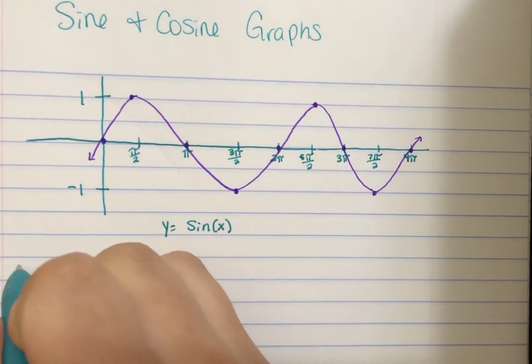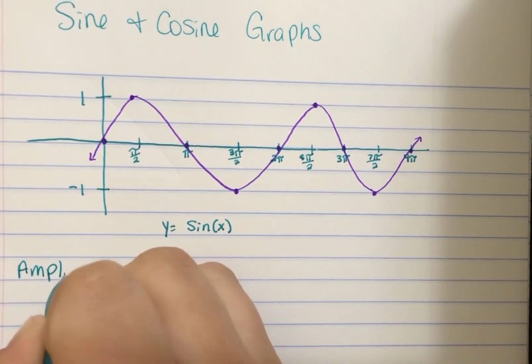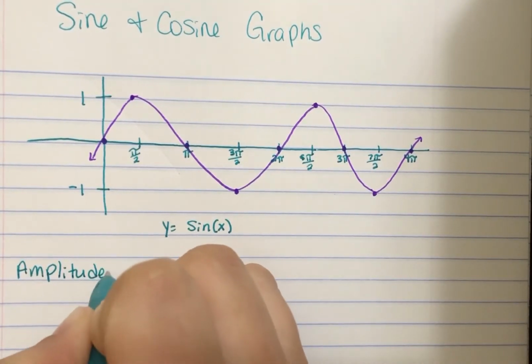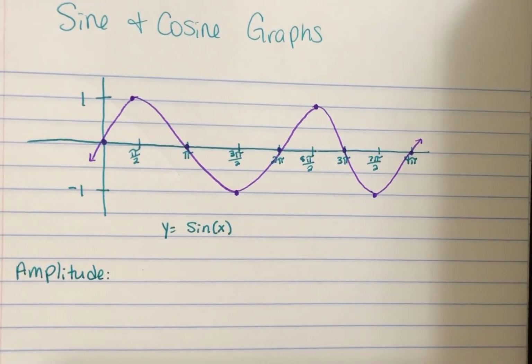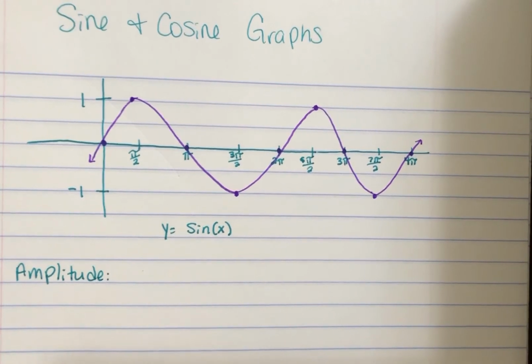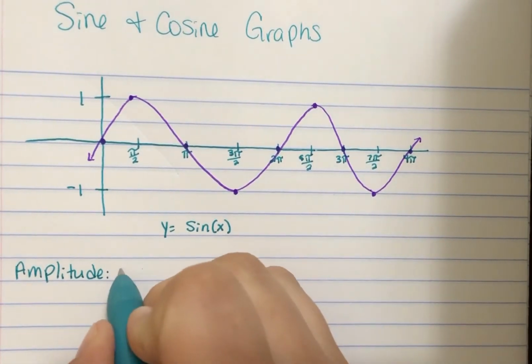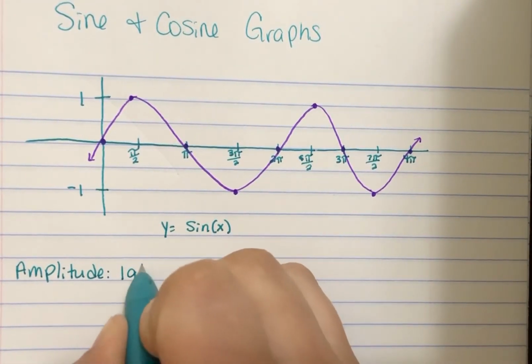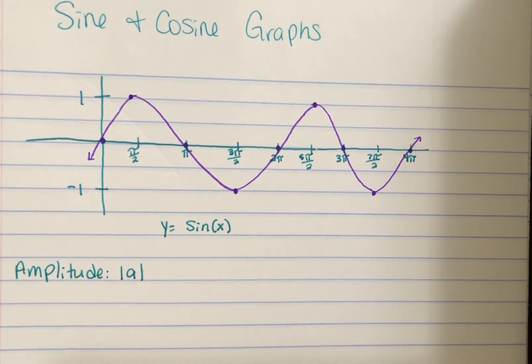So the amplitude really is how high and how low the graph goes. So to find the amplitude, you do the absolute value of A, and we'll write what A is in just a minute.